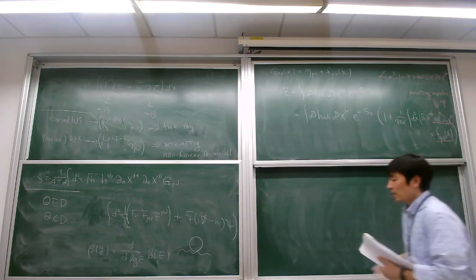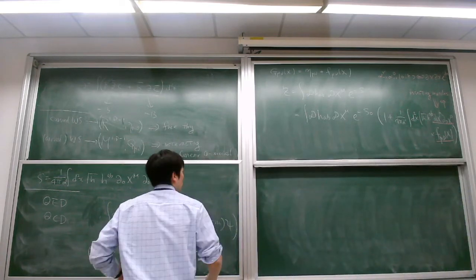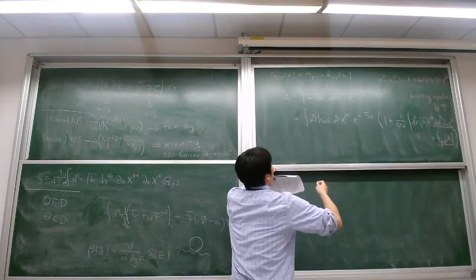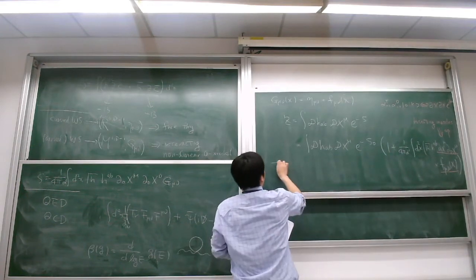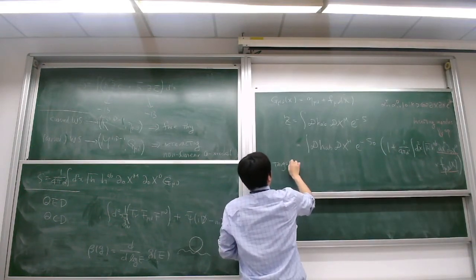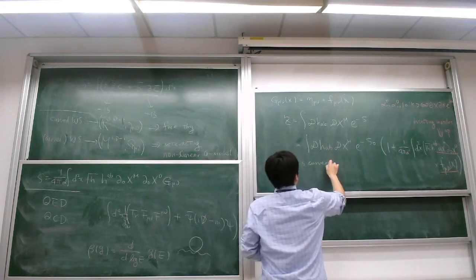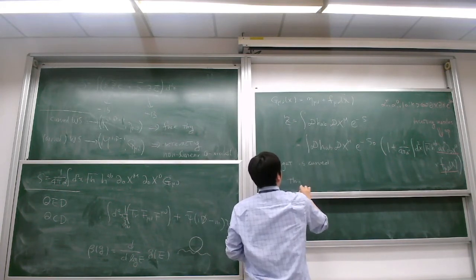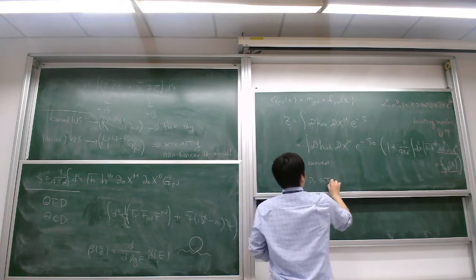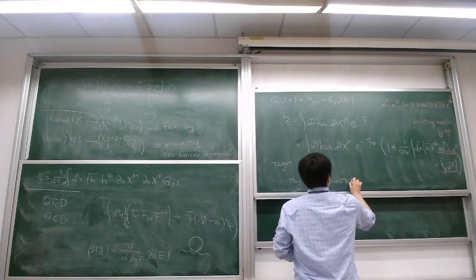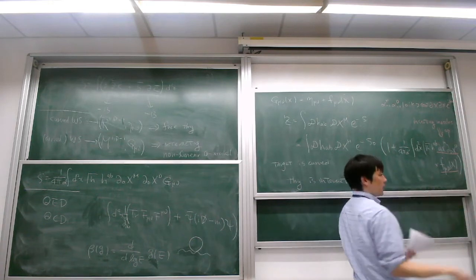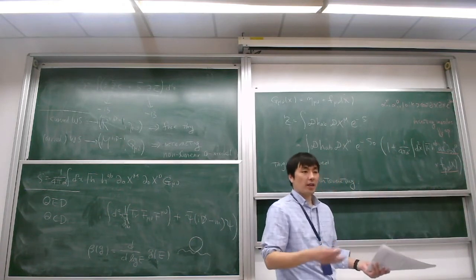But the main message here is that if the target is curved, then the theory is interacting. And the theory depends on scaling.